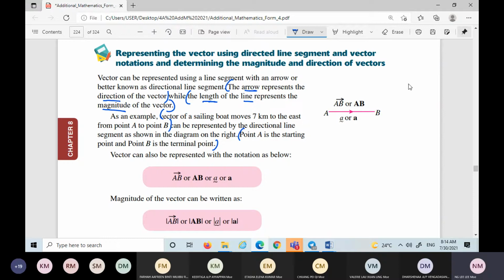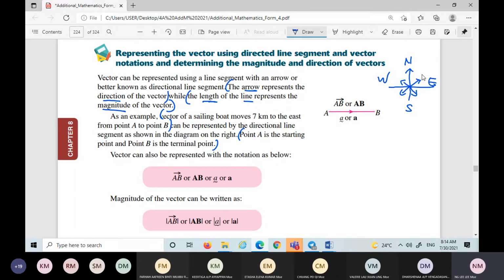If it is not given in the question, we will assume that pointing up is north, pointing down is south, to the right is east, and to the left is west. And then the direction in between the four main directions, you have to know. So this one will be what?